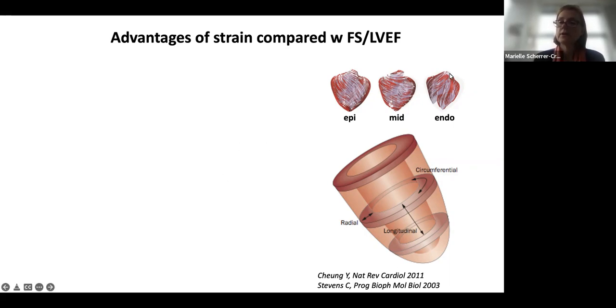You can see here on this drawing that the endocardial fibers are longitudinal, and then they wrap around at the mid-ventricular level, and then again become longitudinal at the epicardial level. That results in a twisting and untwisting motion of the heart, which is quite complex. And that can be artificially separated into three vectors: the longitudinal component, the radial component, and the circumferential component.